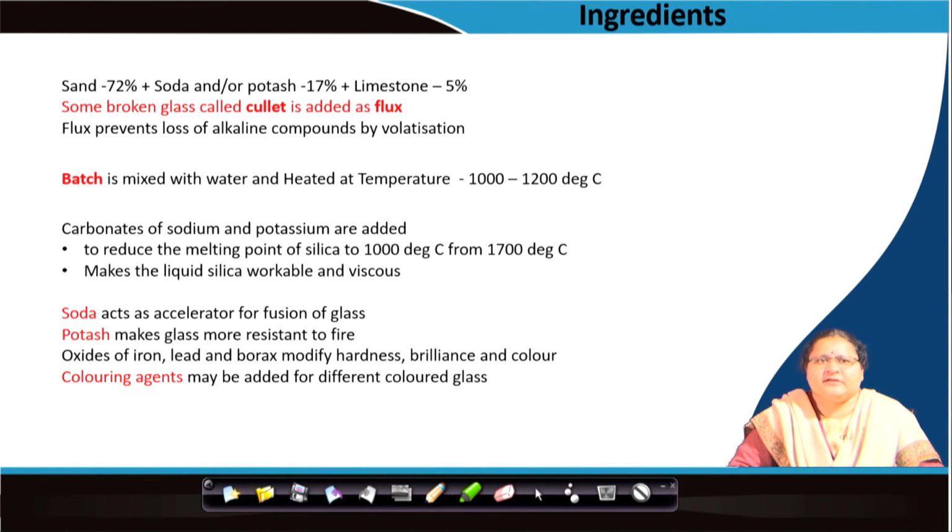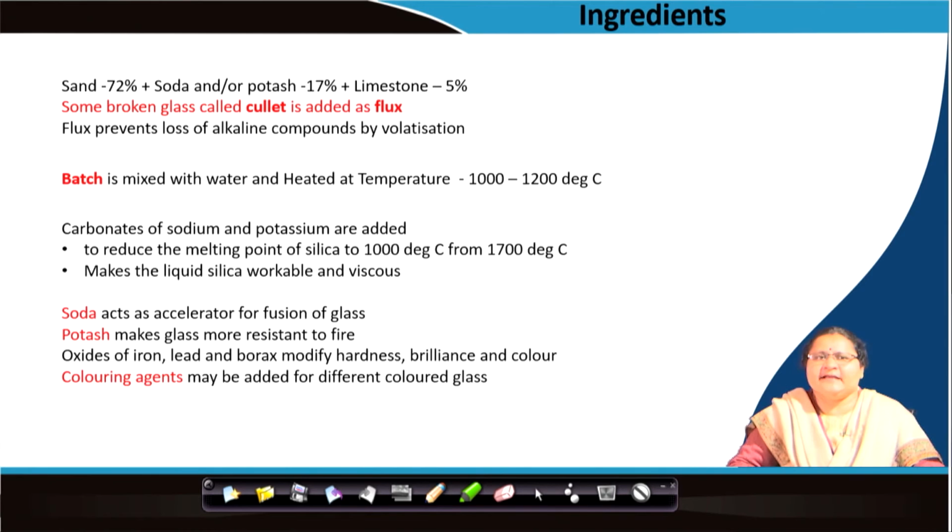You see, here are the functions of soda, potash, oxides of iron, coloring agents. Soda is the accelerator of fusion of glass, potash makes it resistant to fire, and even borax makes it resistant to fire. We know borosilica, so borax and silica make it fire resistant.